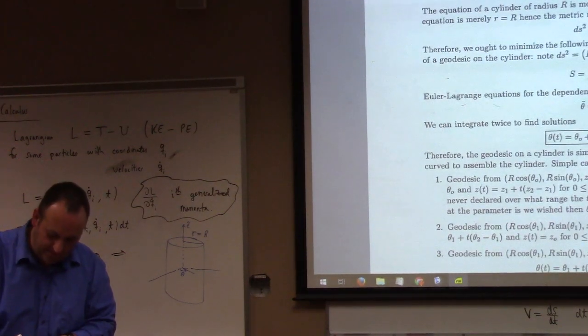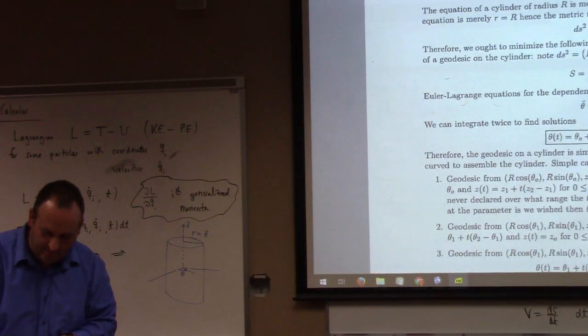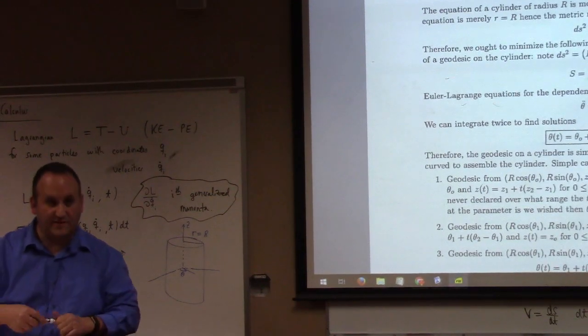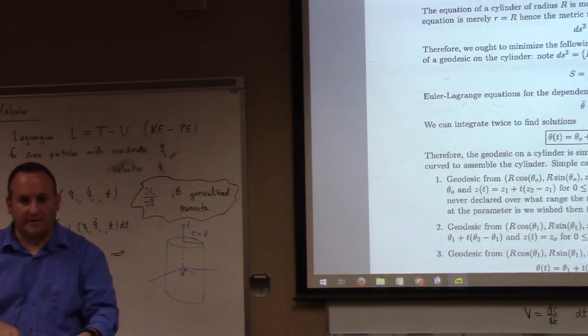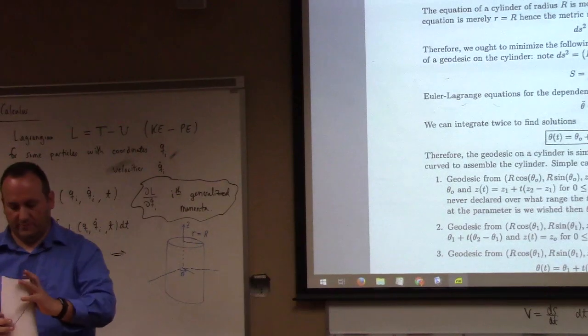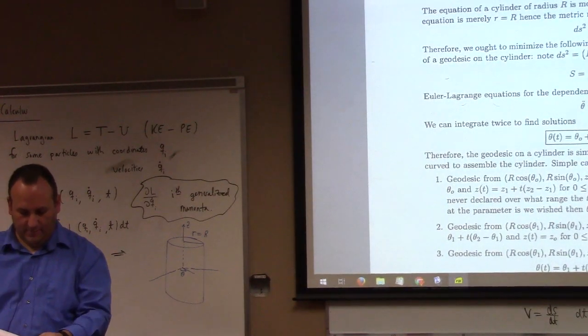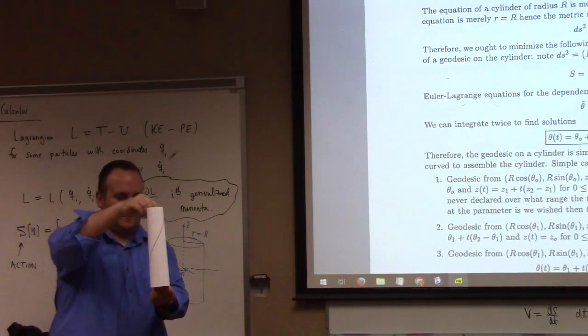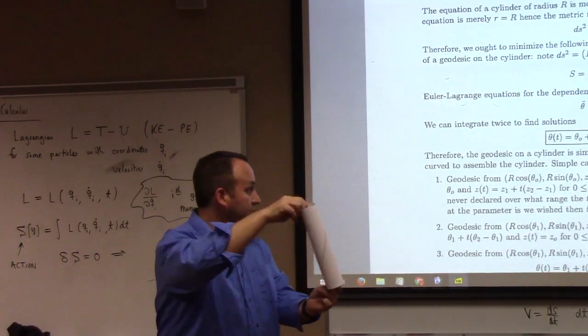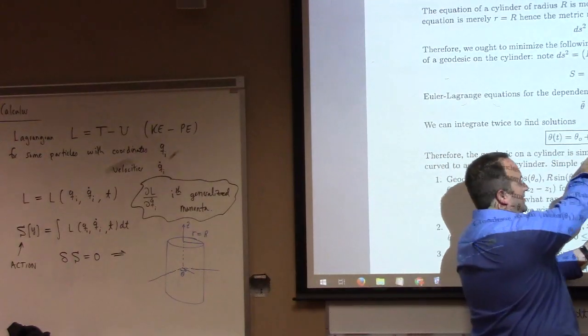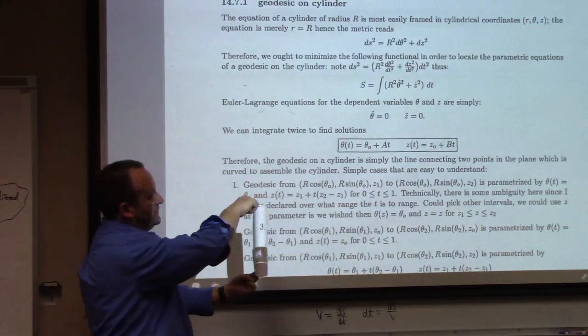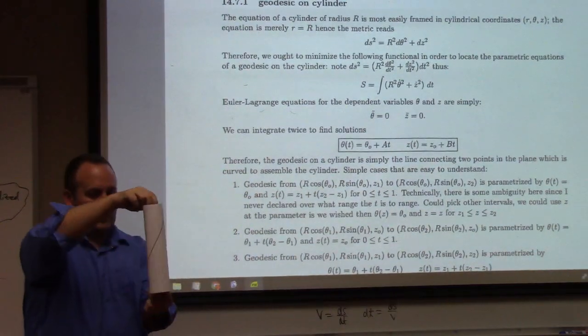Just draw a straight line from there to there, because that means that the theta and the z are both changing linearly. So that line, which is what this means, it's just a line in z and theta.